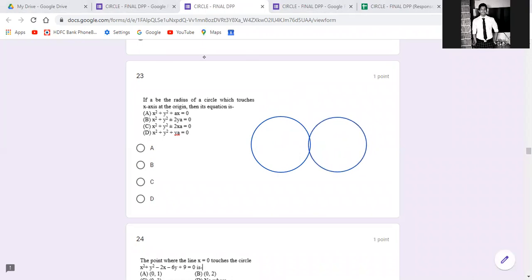A circle of radius A touches the x-axis at the origin. It should be like this.